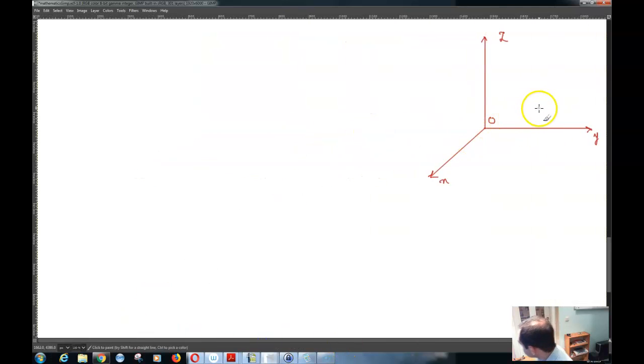Now I have my coordinate system over here, and since we have chosen a fixed coordinate system in space, you can consider the whole coordinate system as a unit system, basically. In this system, you have the coordinate axes, the coordinate planes, and the origin.